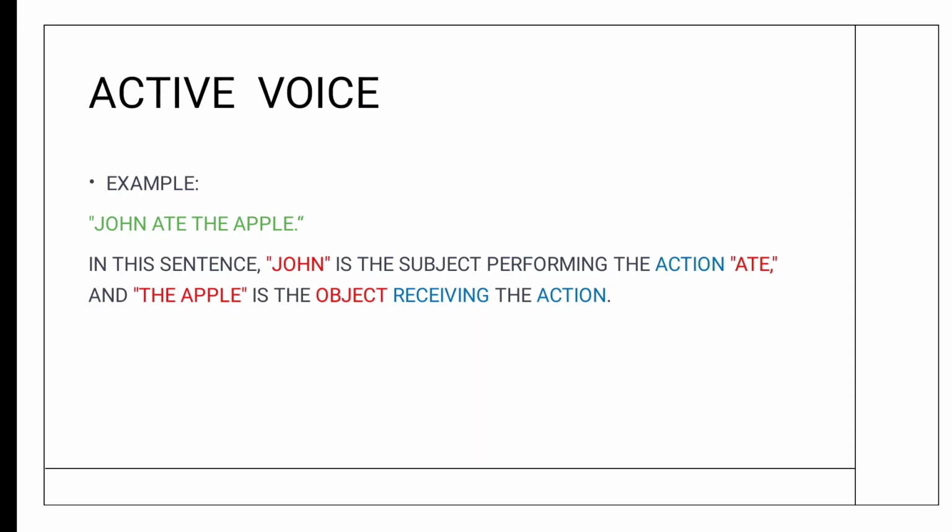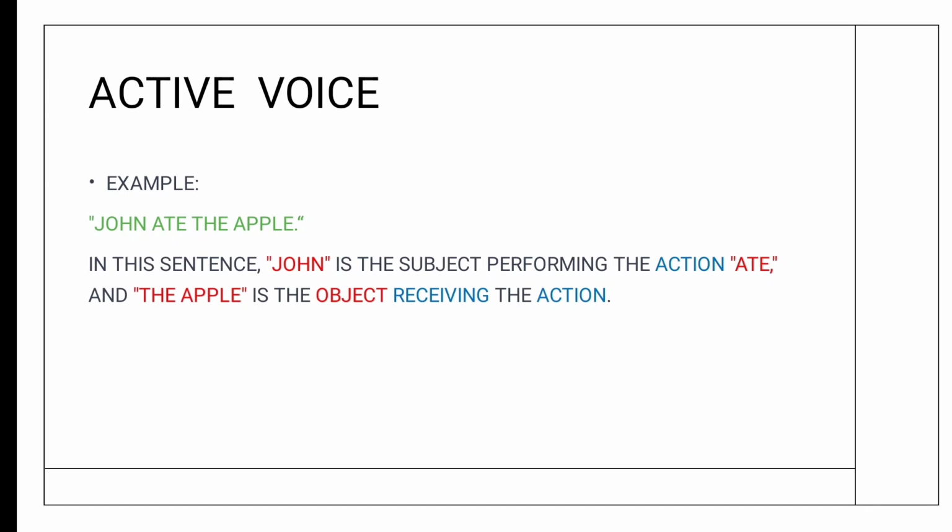The example is John ate the apple. John is the subject, ate is the verb, the apple is the object, right? In this sentence, John, the subject, is performing the action. What is the action here? The action is ate. So who is receiving the action? The apple, the object, is receiving the action.